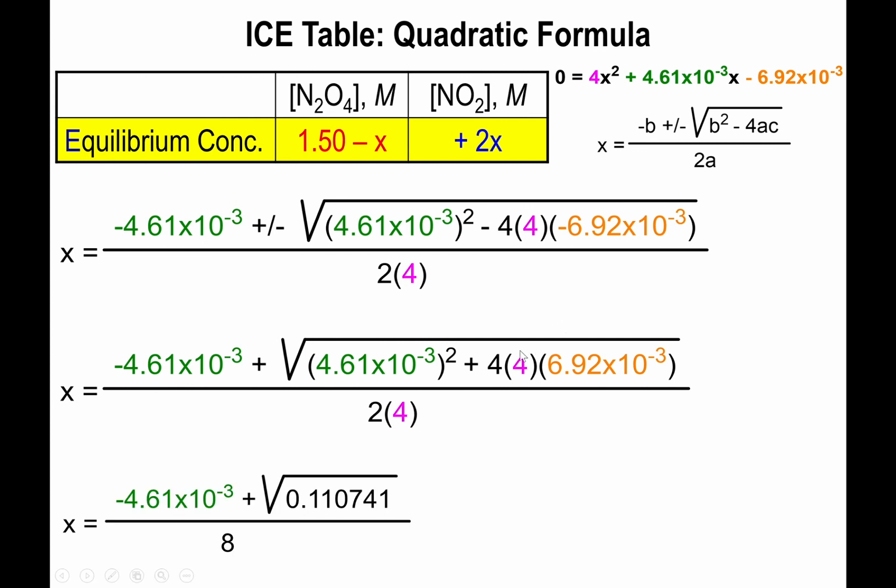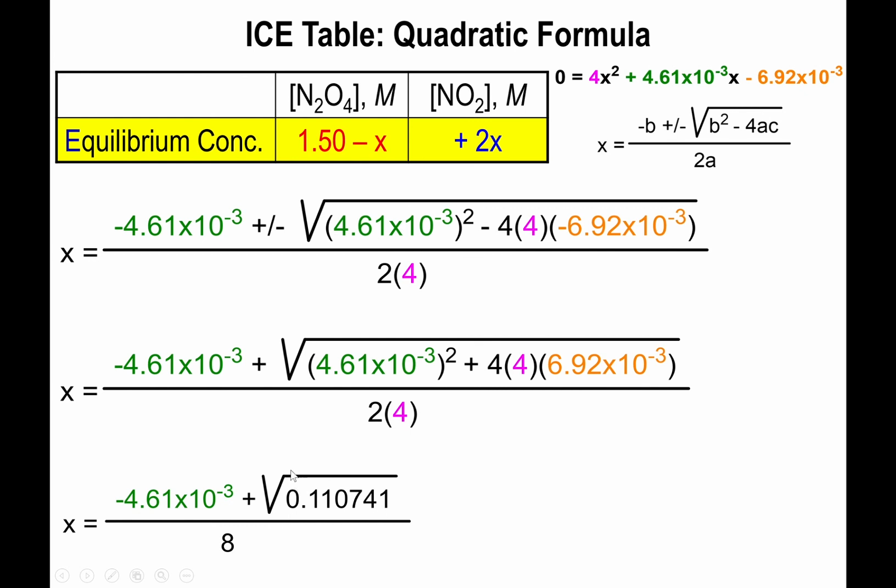But what you need to do is multiply 4 by 4 by 6.92 times 10 to the negative 3. You're going to get a number in your calculator. To that number, you're going to, in this case, add 4.61 times 10 to the negative 3 squared, and you're going to get the following number, 0.110741, inside the square root.